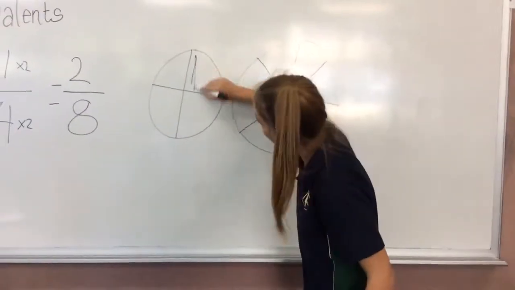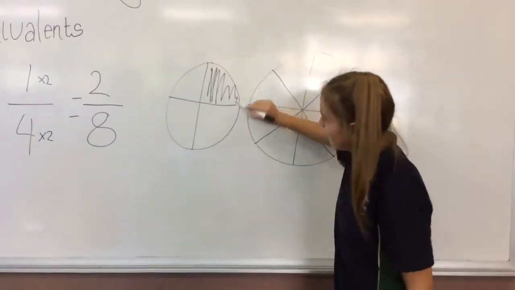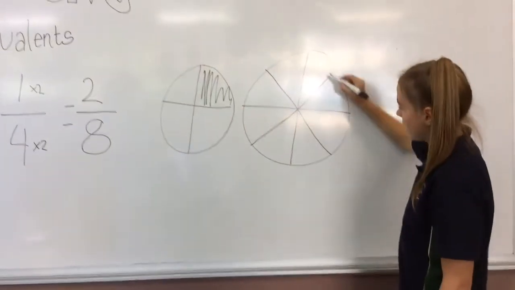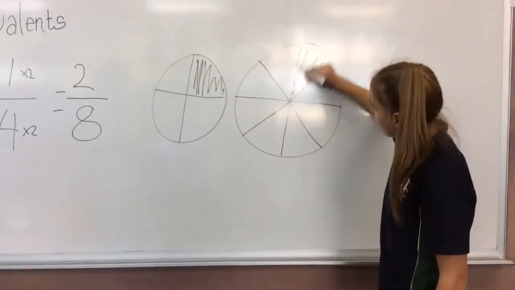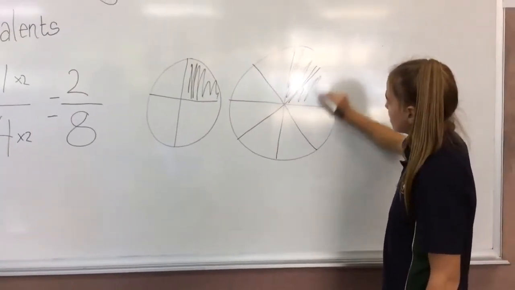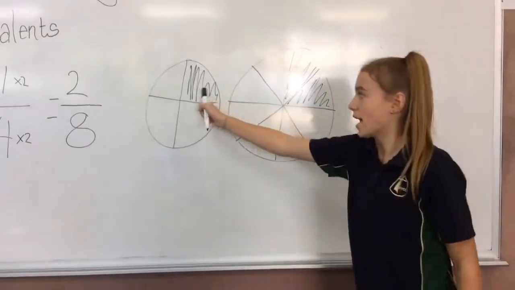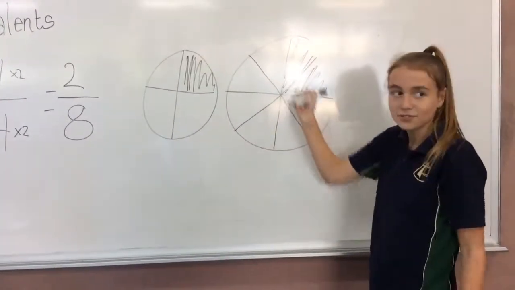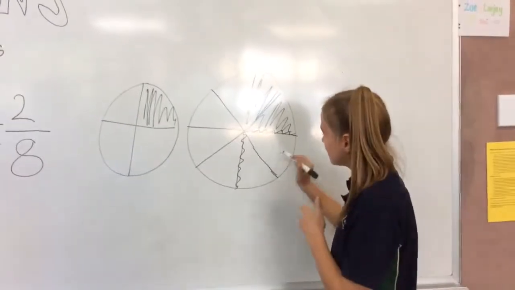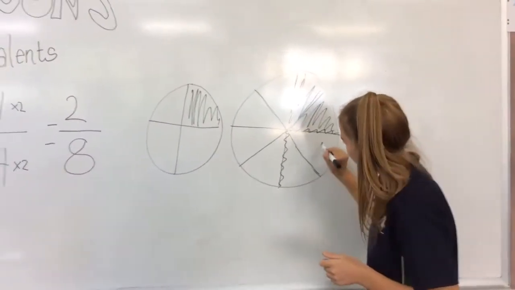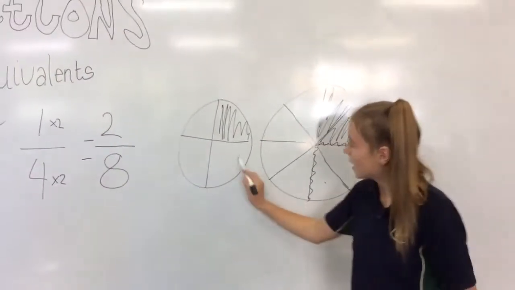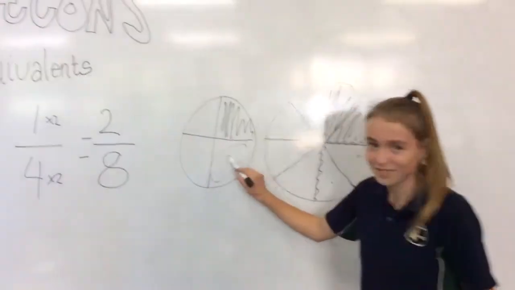Okay, so if I colour in one of the 4 here, so it's 1/4, and I colour in 2 of the 8s, it's the same amount. So every 2 eighths equals 1/4.